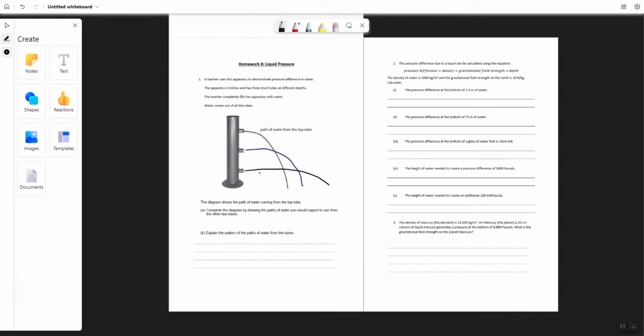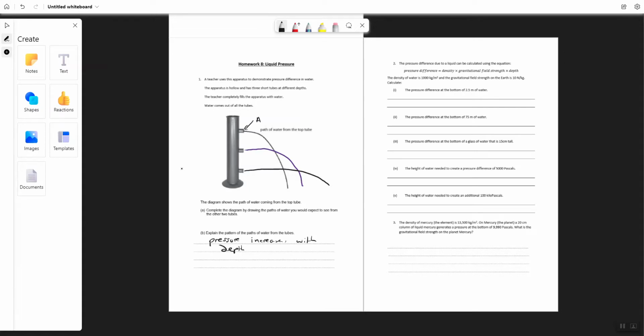Explain the pattern of the paths of water from the tubes, which is that pressure increases with depth. And therefore, because these all have the same area, so this has got the same area as this one, as this one, as this one.